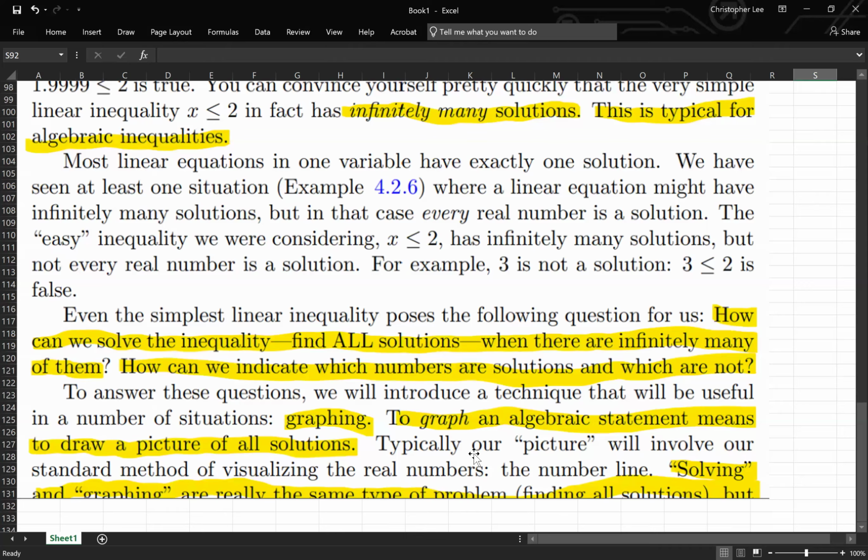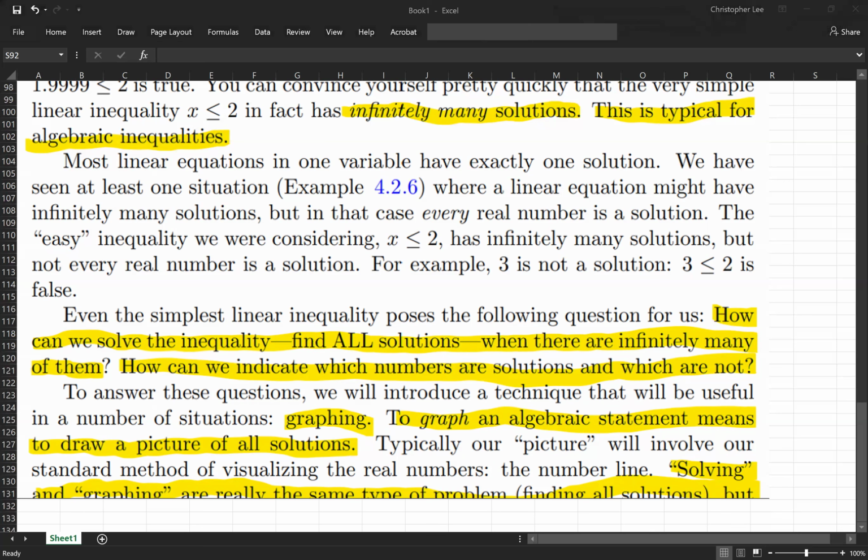To graph an algebraic statement means to draw a picture of all the solutions. Typically, our picture will involve our standard method of visualizing the real numbers, the number line. So solving and graphing are really the same type of problem, finding all solutions, but the answer is written differently.